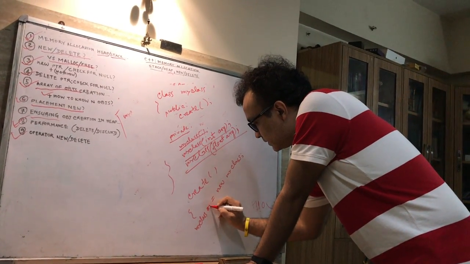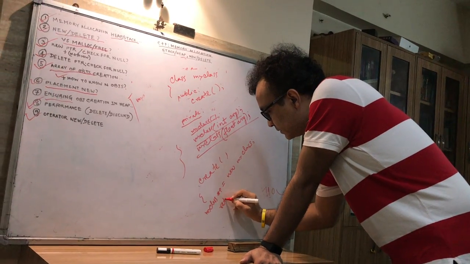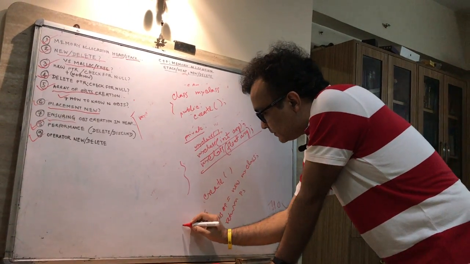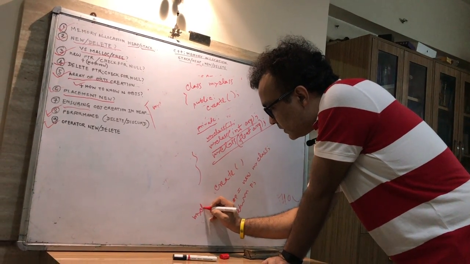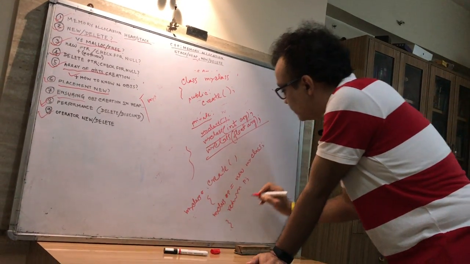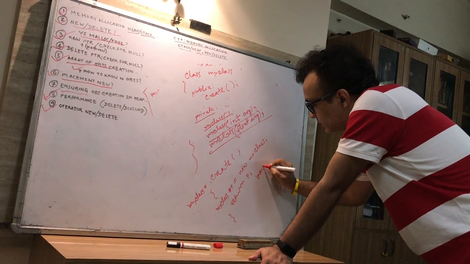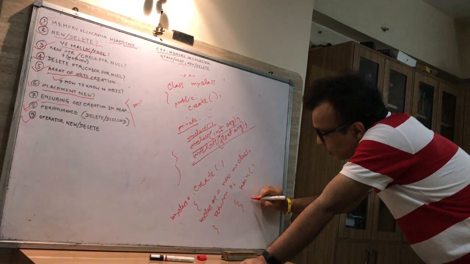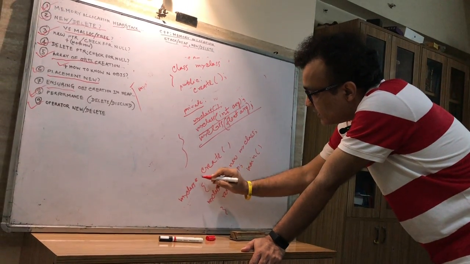It returns a my class pointer, and you return this pointer in your main function. In your main, when you actually call it, this is a static function.